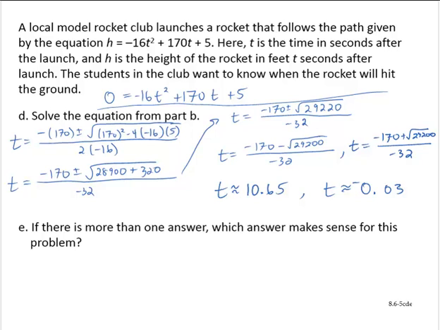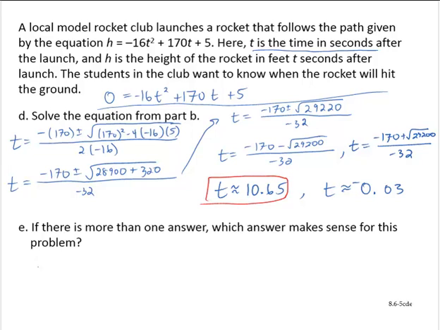Now let's look at these two solutions. 10.65, now what is t? t is the time in seconds. Will the rocket hit the ground in 10.65 seconds? Would the rocket hit the ground in negative 0.03 seconds? The only answer that makes sense is the positive.